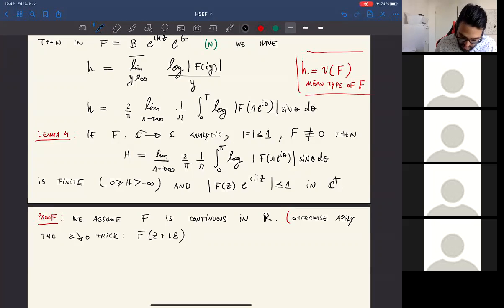Okay, so that should say use f(z + iε) instead, and take ε to 0. So a better name for the trick should be just the epsilon trick.